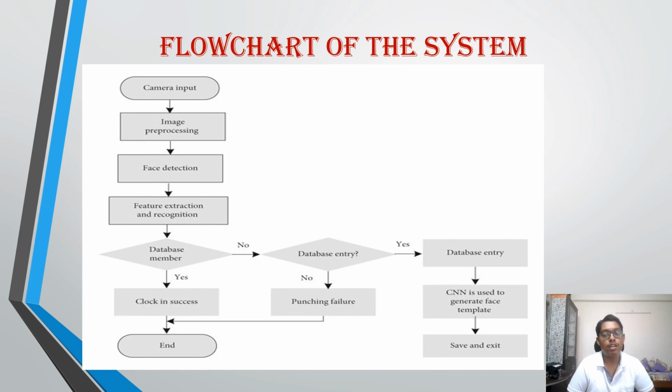If not, it gives a punching failure and you can move out. If the extraction is recorded in the database, it shows clock-in success. If the extraction is not in the database, we can enter it into the database.